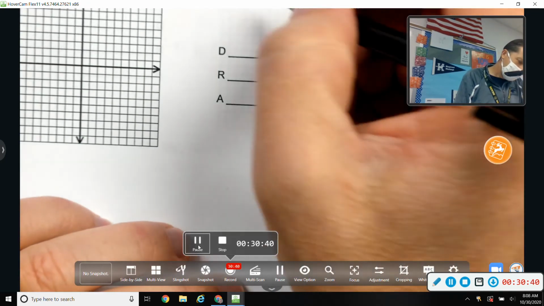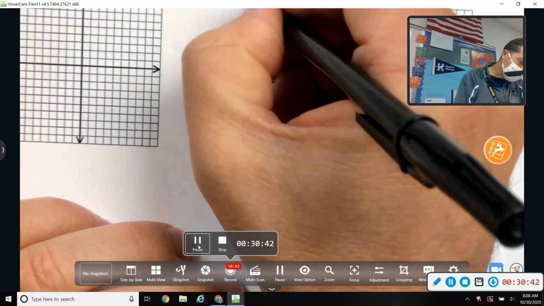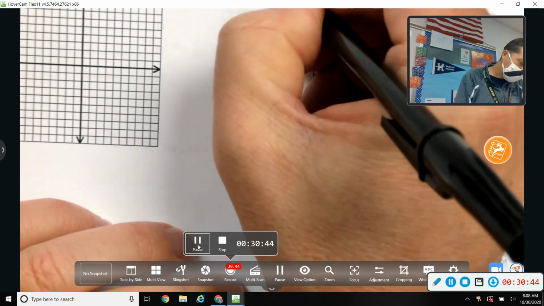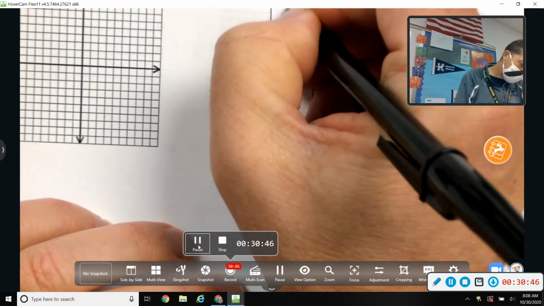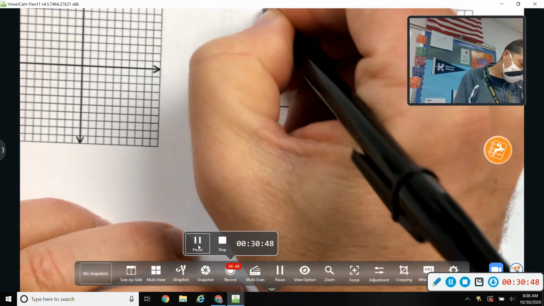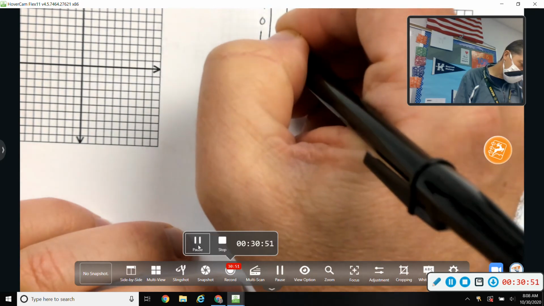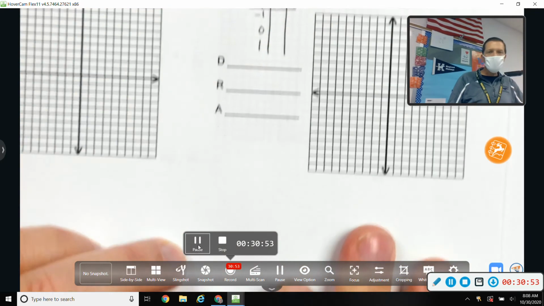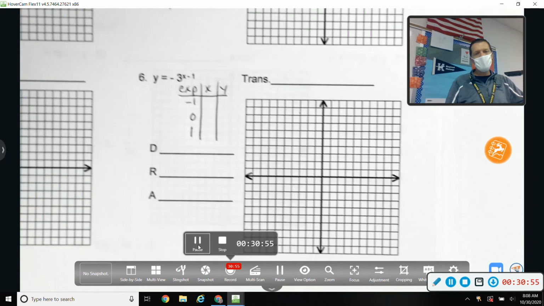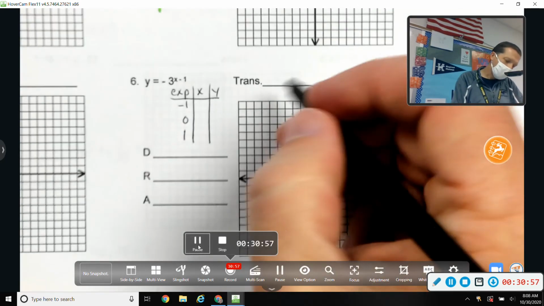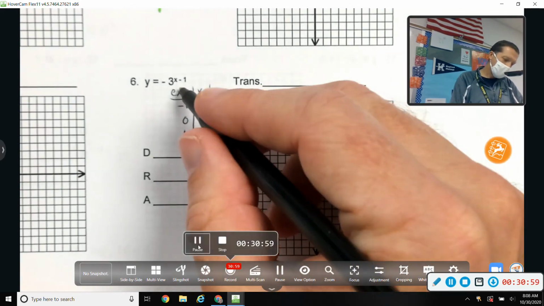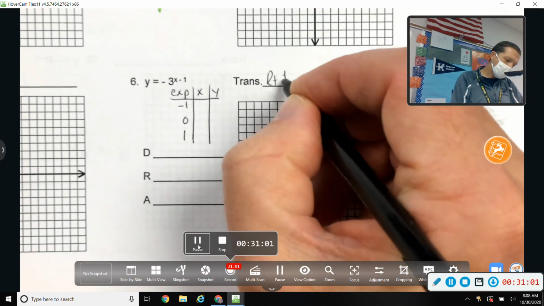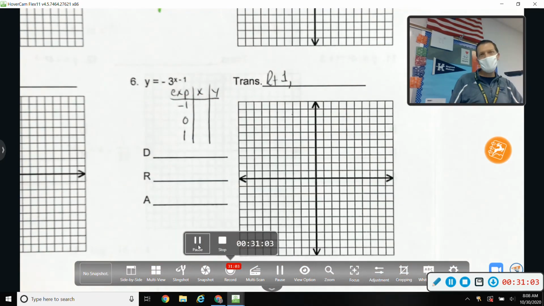And our exponent's a little different. So exponent, x, y. Guess we could do the transformations first. Minus 1 is right 1. What's the minus sign out front do to the graph?